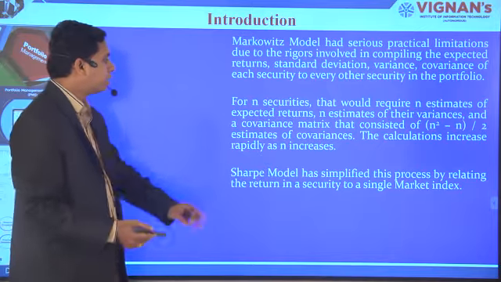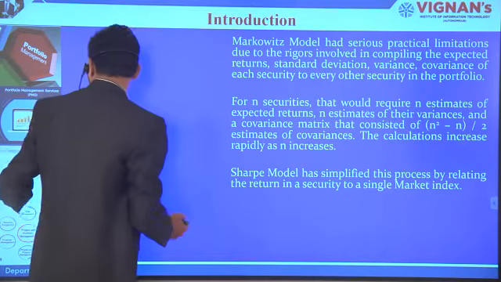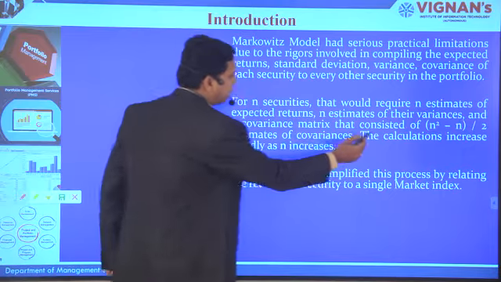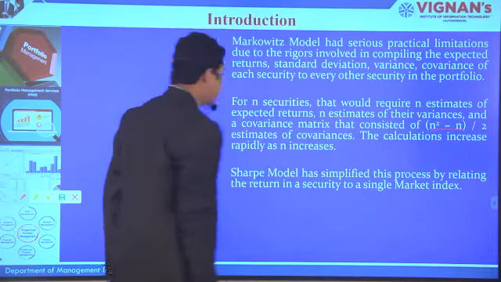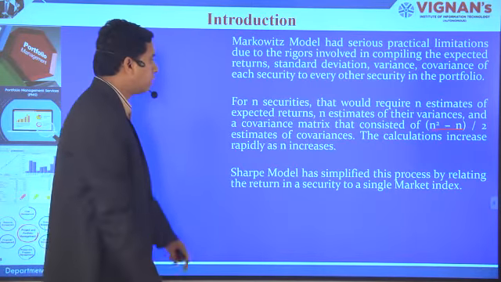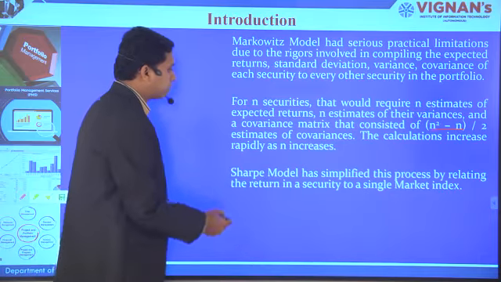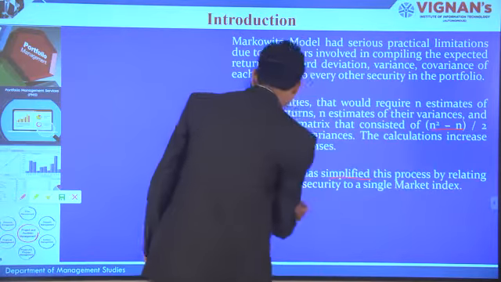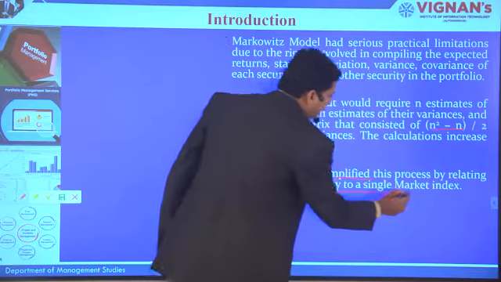Also, the Sharpe model has simplified this process. The burden of calculating (n square minus n) by 2 estimates of covariances has been simplified in the Sharpe model by relating the return on a security to a single market index.